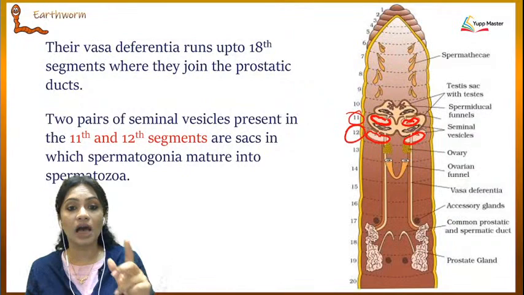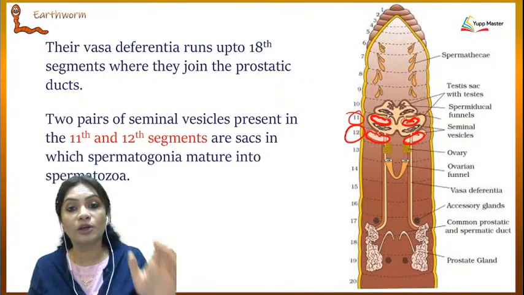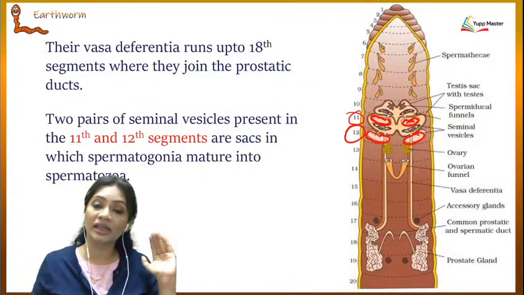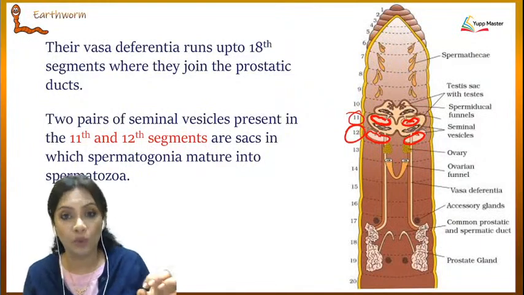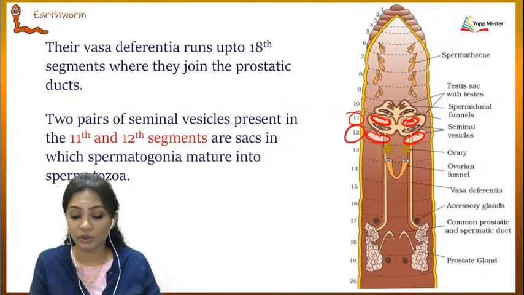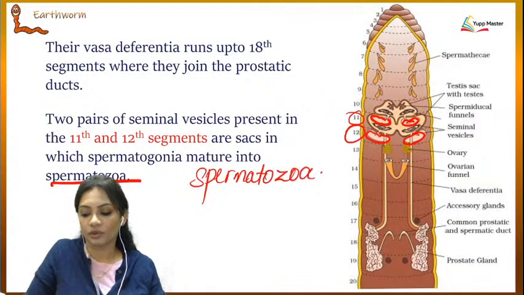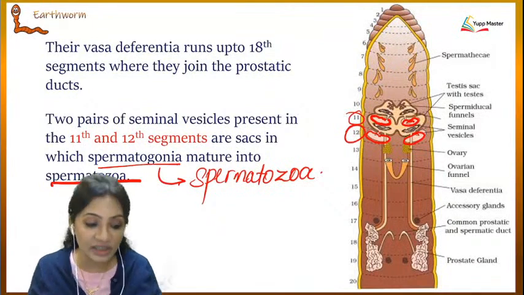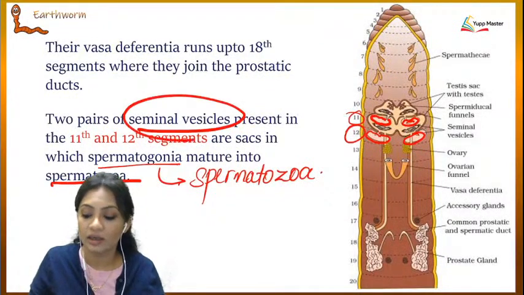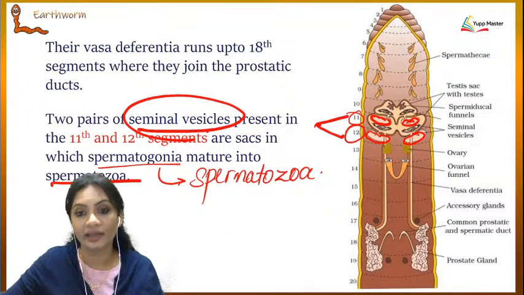These are the sacs where the spermatogonia, meaning the immature sperm, are actually going to mature. And what do they mature into? They mature into spermatozoa. So the spermatogonia mature into the spermatozoa in which sac? In the sac called the seminal vesicle, placed in segments number 11 and 12.